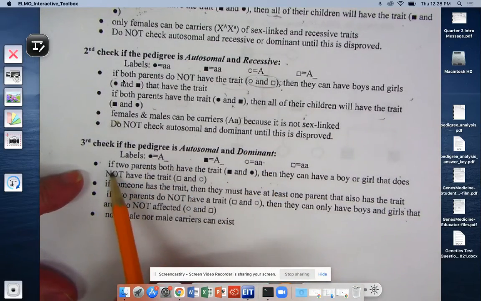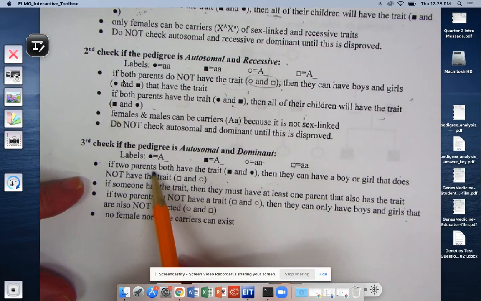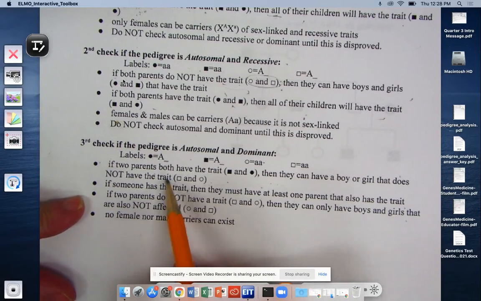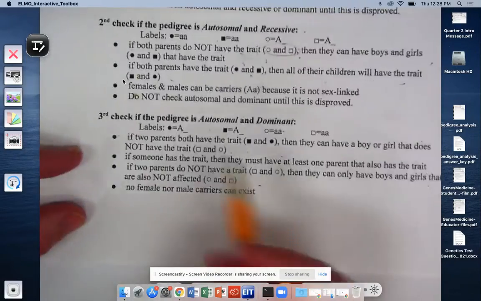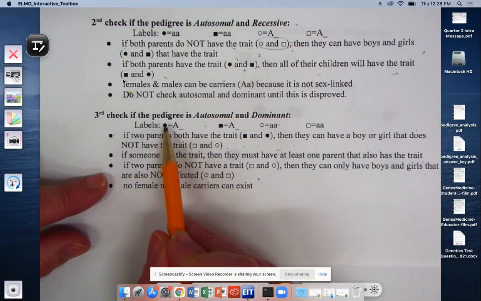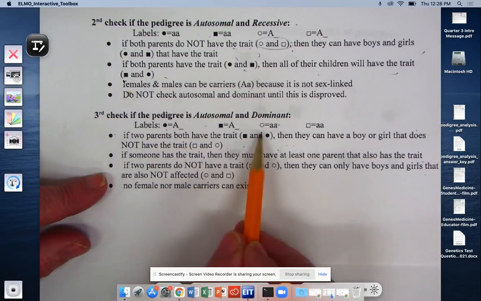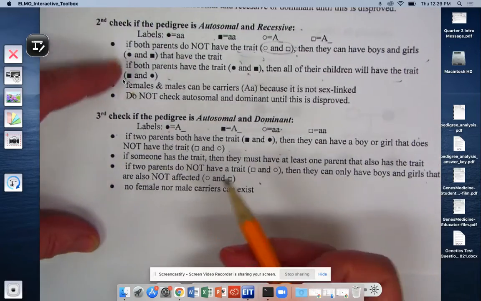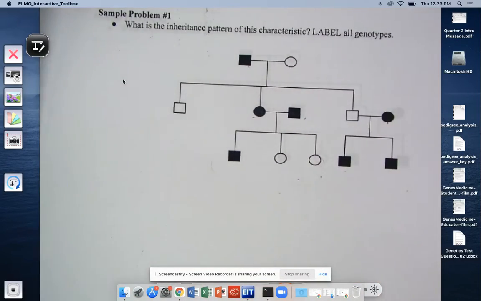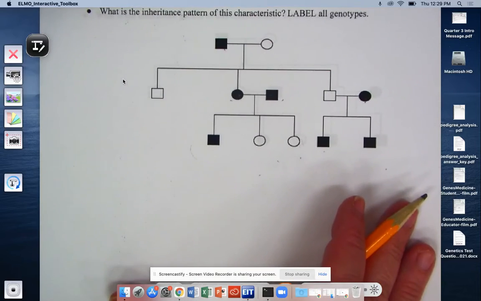Autosomal dominant. We're pretty much going to go ahead and start penciling it in because we think it's going to be correct, right? So now let's look at the labels. Everyone that is circled dark in, they have the dominant characteristic. So that's what I usually just kind of hone in like one at a time or my brain gets confused.